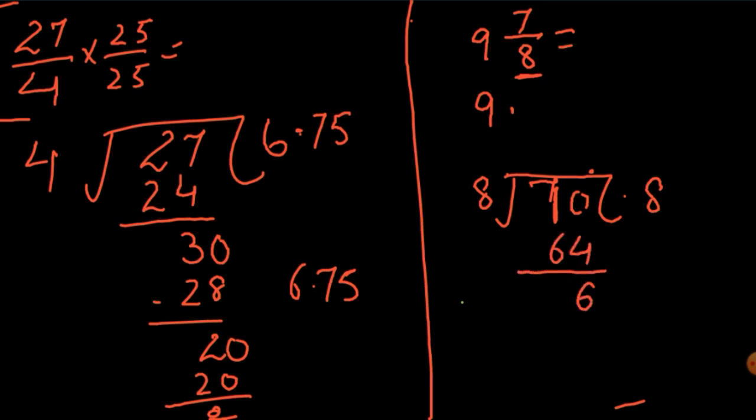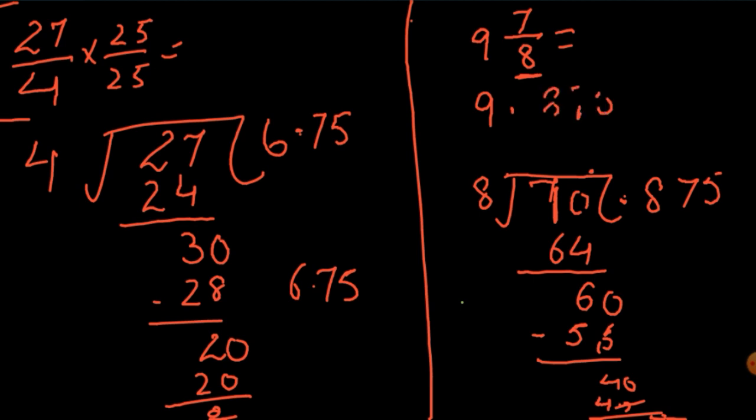Now 6 is left. Decimal is already there, we can take a 0. 8 sevens are 56. Subtract it, you get 4. Now 40 and 8 fives are 40. So it's completely divisible. So our answer will be 9 is already the whole part, and after the decimal it is 9.875. So conversion of a fraction into decimal numbers must be clear to you.